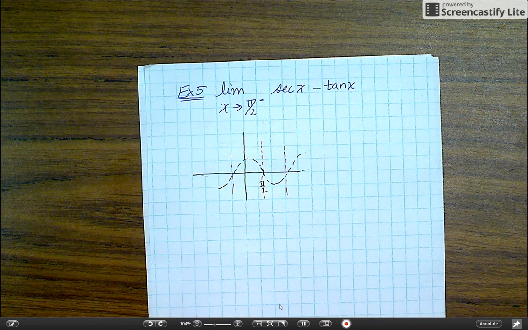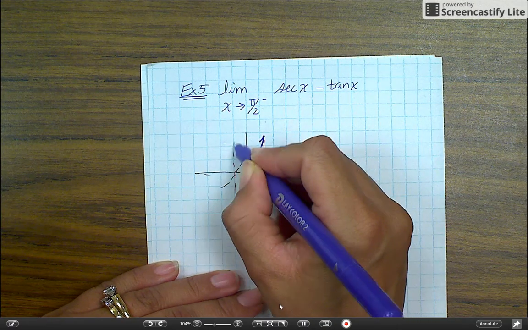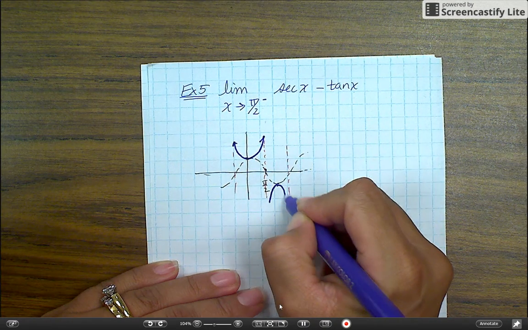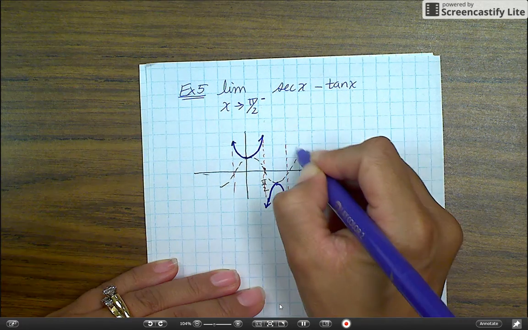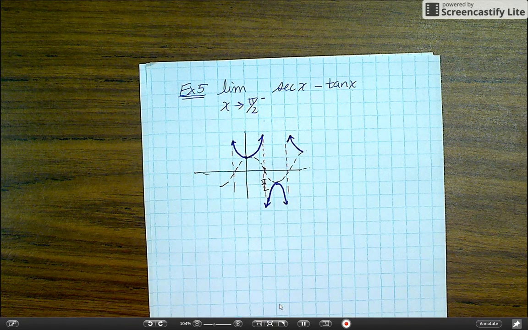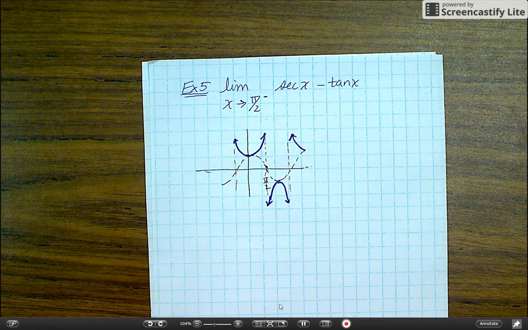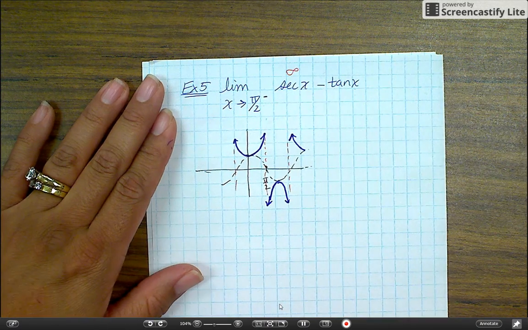And then secant was actually these guys. Okay, so now if I look at secant, as I approach pi over 2 from the left, where is secant going to? It is going to infinity.